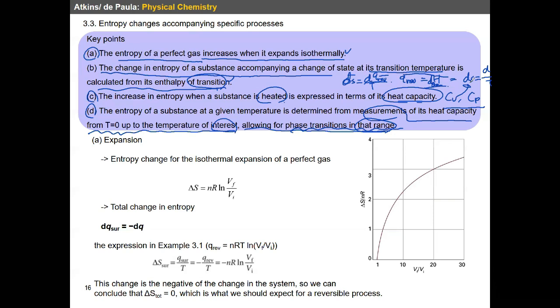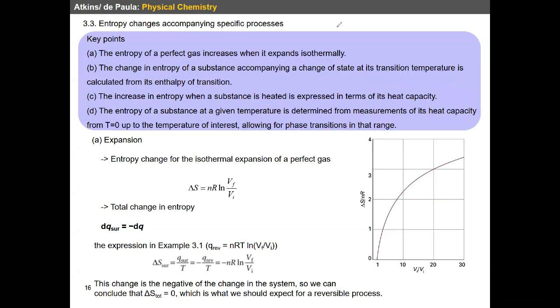Okay, so we will briefly discuss these things in this chapter. So let's talk about the first one, the expansion. The entropy change for the isothermal expansion of a perfect gas can be written as delta S equals nR ln Vf over Vi, right?